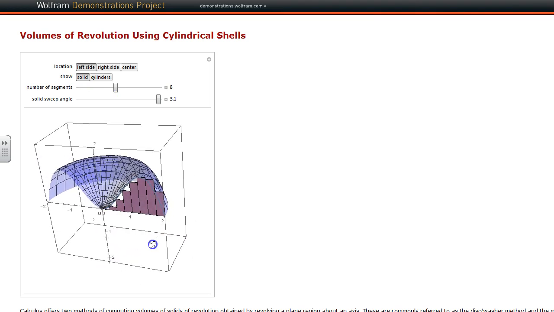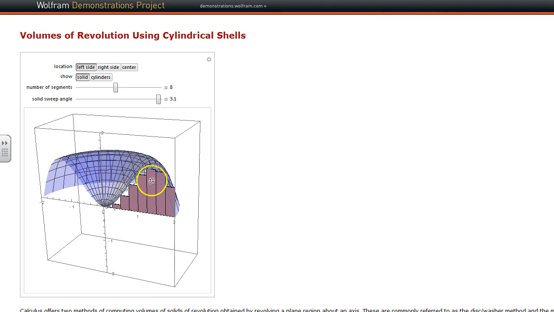These are what we're using to approximate the volume. If you imagine these vertical bars going around that way, we get what we call the shell method. This blue thing going around here is the 3D figure whose volume we're trying to find.